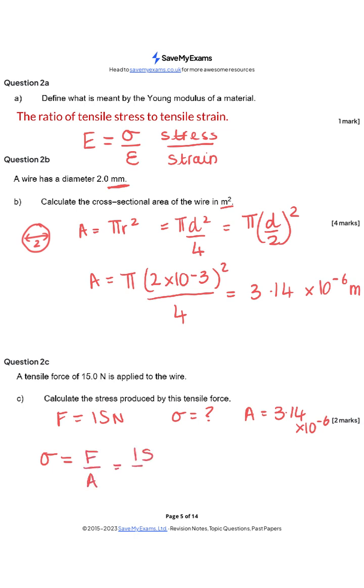So we're going to do 15 divided by 3.14 times 10 to the negative 6. And the answer you should get is 4.8 times 10 to the 6 pascals, or we could also write newtons per meter squared. And that is rounded to two significant figures.